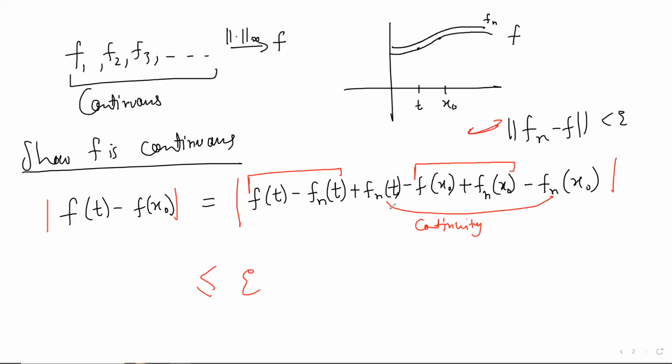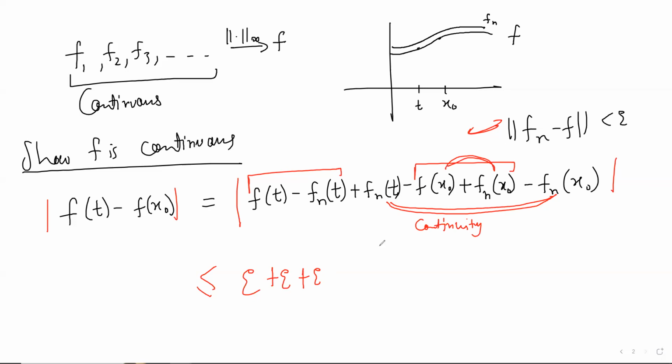And you can pick a delta so that this thing is less than epsilon, right? That's continuity. And this is less than epsilon for the same thing. Now I have left a few holes in this proof.